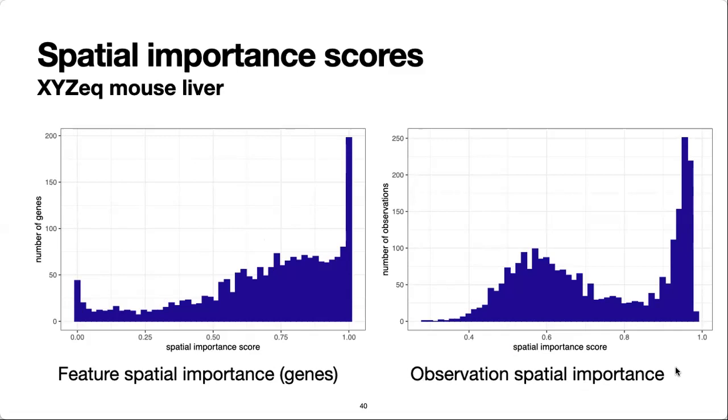And for observations, there's certain observations that are very strongly determined by the spatial context, and other observations, maybe not so much. So once you have these scores, you can of course follow up and say, well, what actually are these genes that are so strongly spatially variable? And let's look into the data. And we did this a little bit in our paper. Let's go and look at GO terms, and let's look at other databases to assess what's already known about those particular genes.